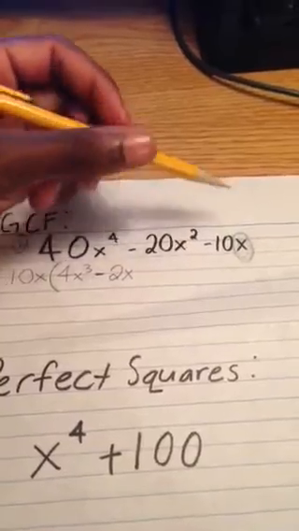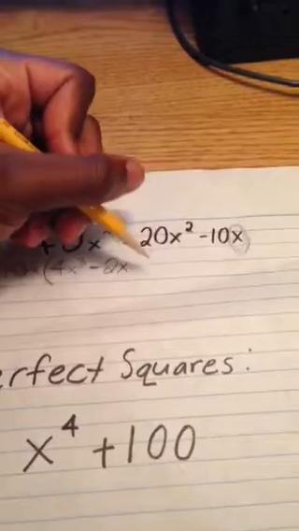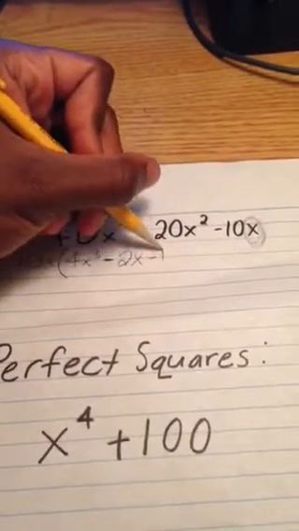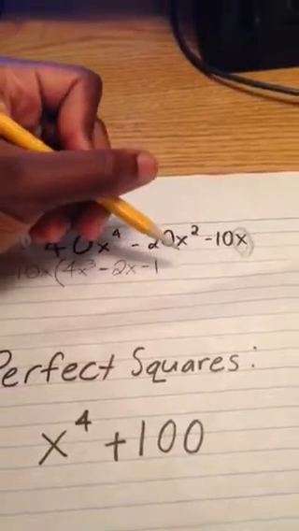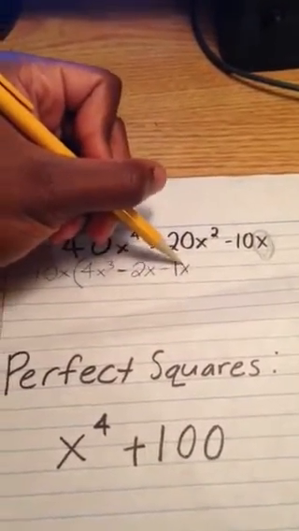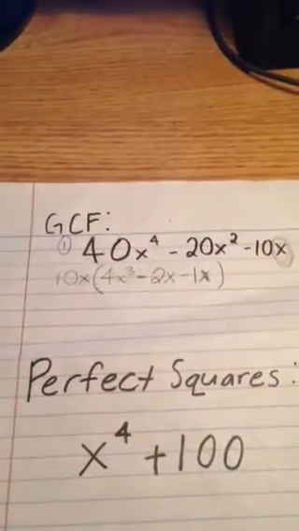And then you would take negative 10 out of 10. You can only take that one time, so you're going to write negative 1, 1x, and that's about it.